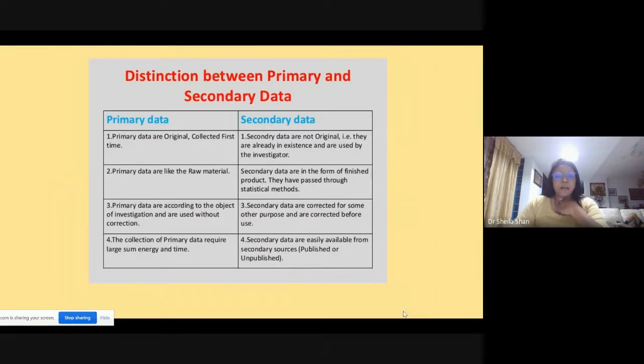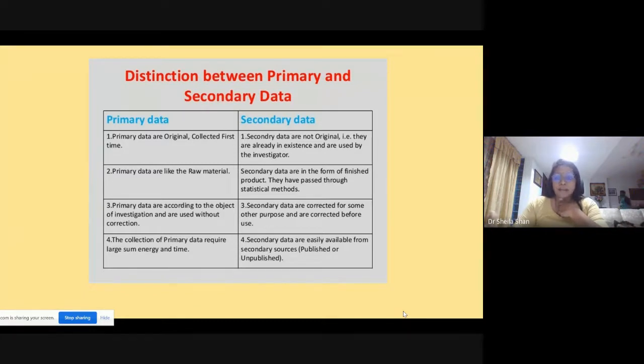Okay. So what is the difference between primary and secondary data? You can read this on your own. I have discussed this before generally. Primary data are normally raw material. Secondary data is a form of finished product. They have passed through statistical methods, that means the data has been analyzed, maybe using one kind of method.